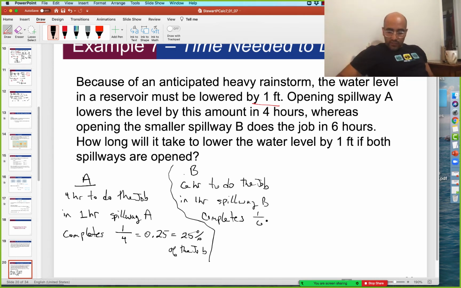If we turn that into a decimal, 1 divided by 6 is equal to 0.1667, or approximately 16.67% of the job.